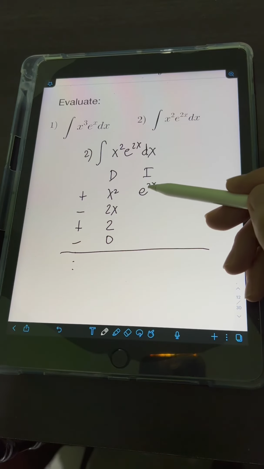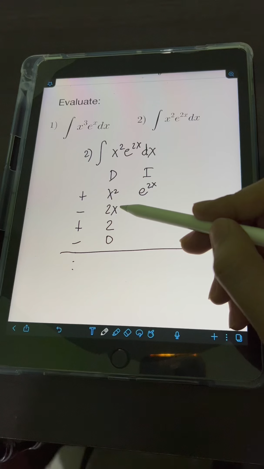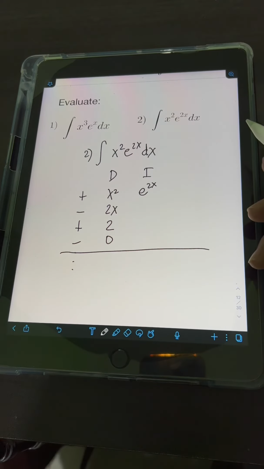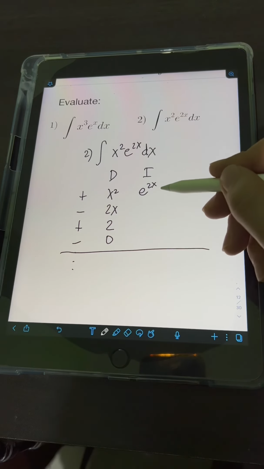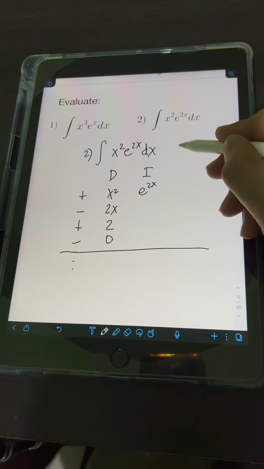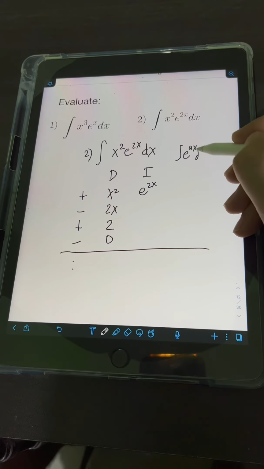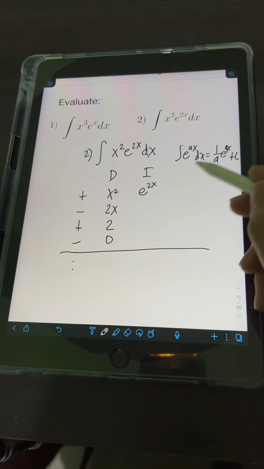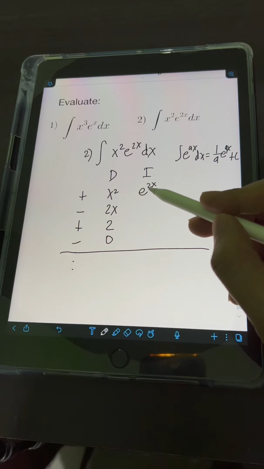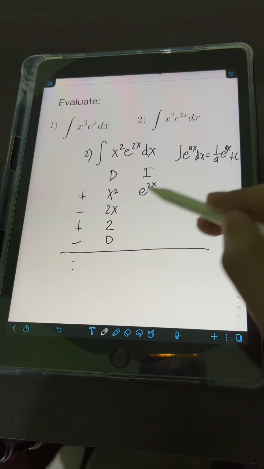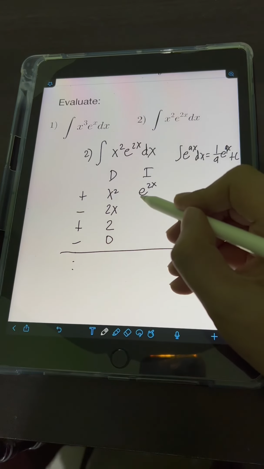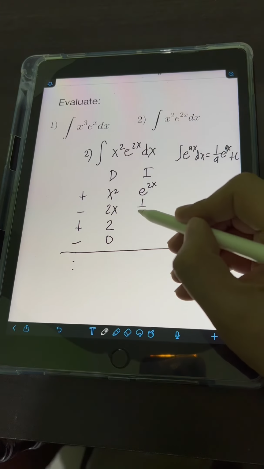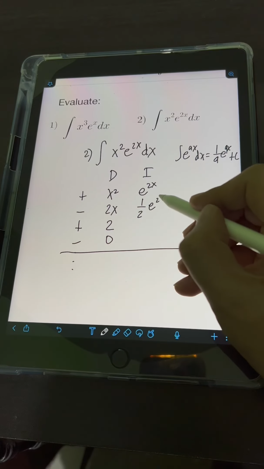Next, for the integral of e raised to 2x, we should integrate three times. We know that the standard formula for the integral of e raised to ax dx is equal to 1 over a times e raised to ax plus c. Applying that formula here, the constant a is 2. So the integral of e raised to 2x is 1 over 2, then copy e raised to 2x.